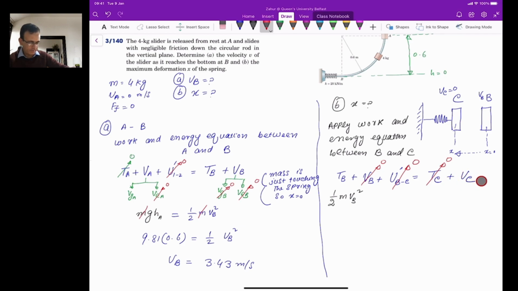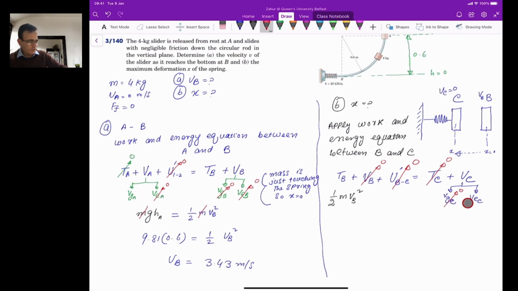And we just have the potential energy at location C, which is again the sum of two energies, VGC and VEC. At location C, as you can see in this case here, the height is still zero, so this term mgh will be zero because h is zero.